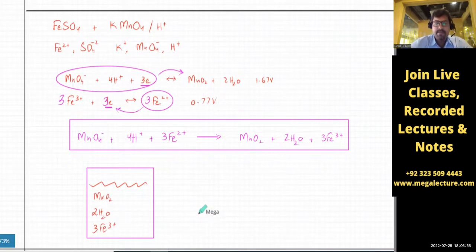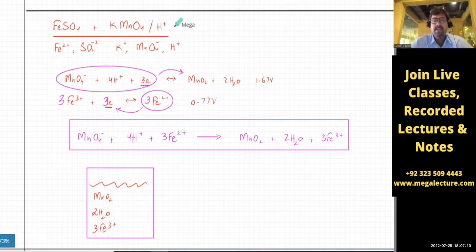These are my products. Now, let's say in the question they've stated that the FeSO4 is in excess. Okay, so that means there's still some FeSO4 that's left. There's plenty of FeSO4 available. It's in excess.